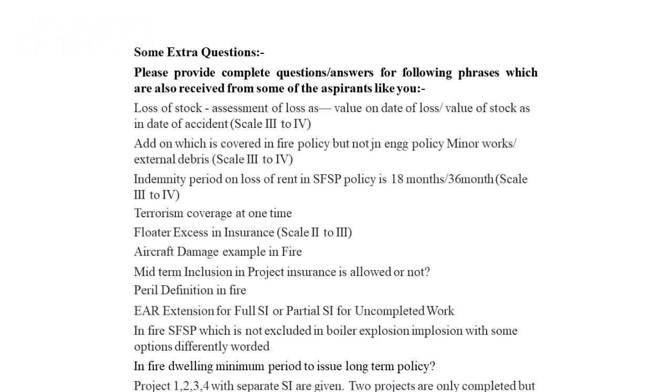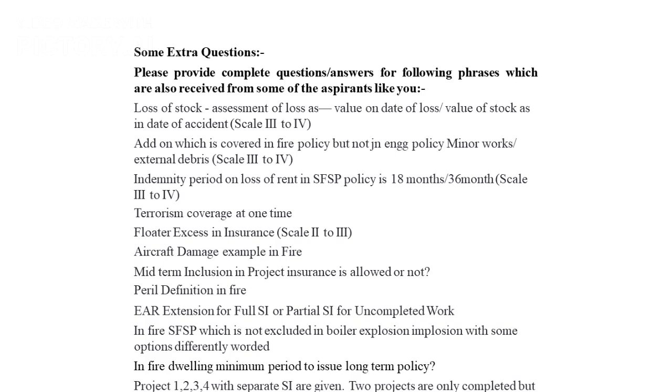Some extra questions: please provide complete questions and answers for the following phrases, which were also received from some of the aspirants like you. 1. Loss of stock, assessment of loss as value on date of loss or value of stock as on date of accident. 2. Add-on which is covered in fire policy but not JN and policy: minor work, external debris. 3. Indemnity period on loss of rent in SFSP policy is 18 months or 36 months. 4.